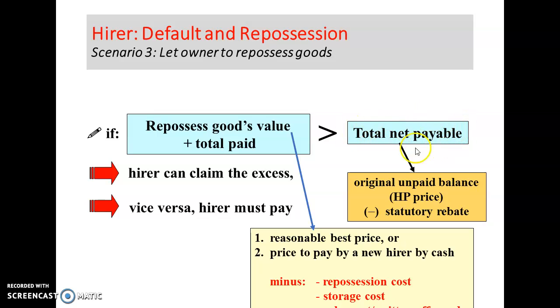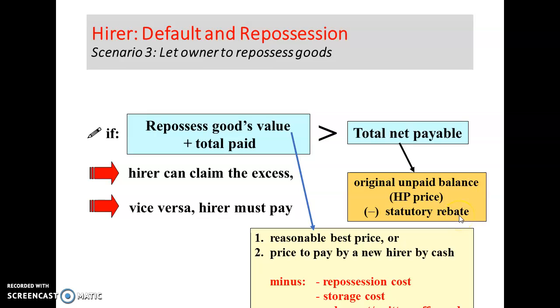Now, the amount that is payable is the hire purchase price, which is the cash price plus total installments, minus the statutory rebate. Why do we deduct the statutory rebate?